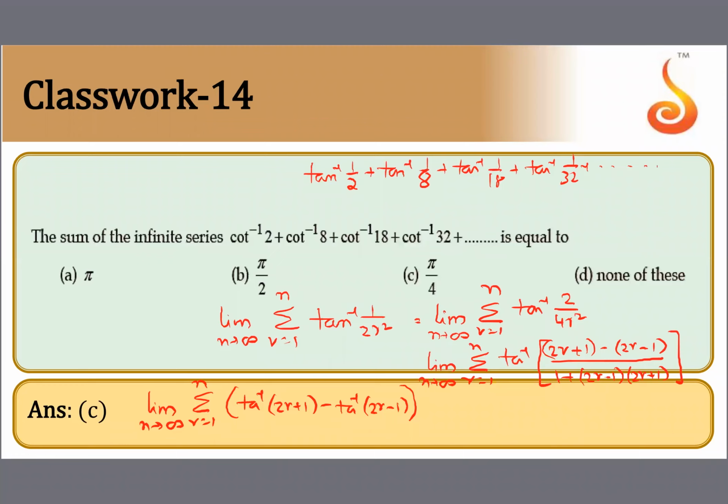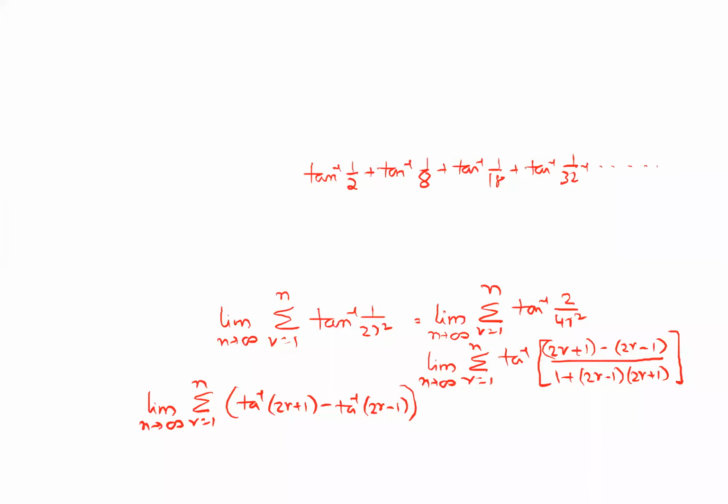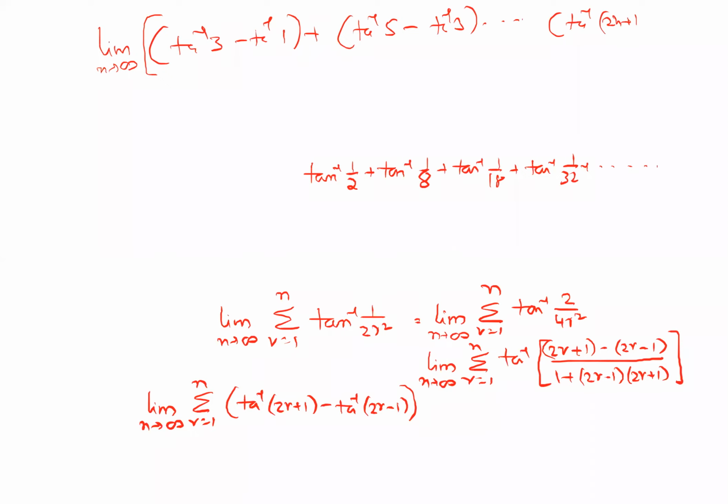Okay. Now we open the summation. I'll write this as limit n tending to infinity, tan inverse 3 minus tan inverse 1, first bracket; if you put 2, tan inverse 5 minus tan inverse 3, and so on, tan inverse 2n plus 1 minus tan inverse 2n minus 1.